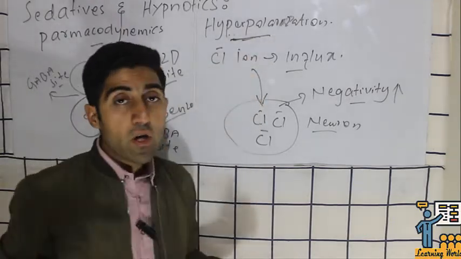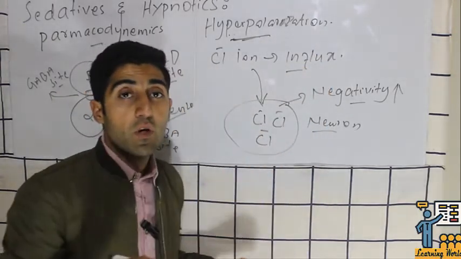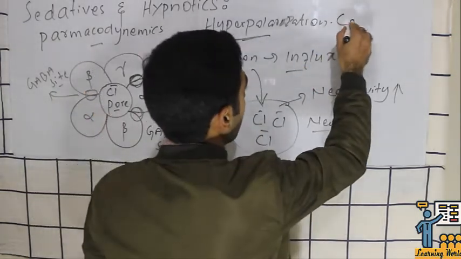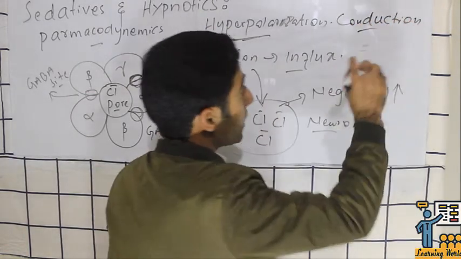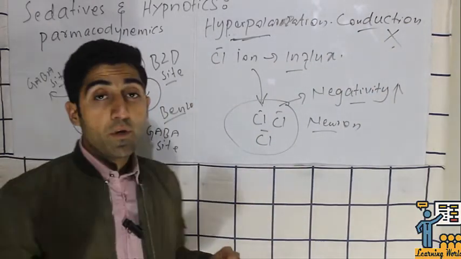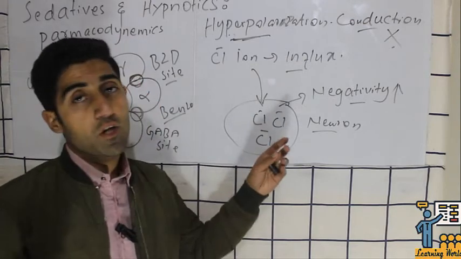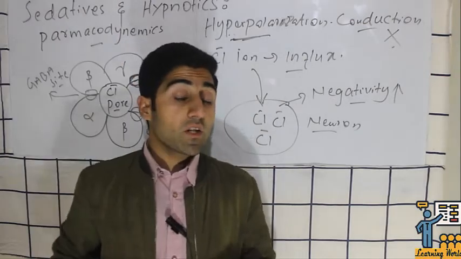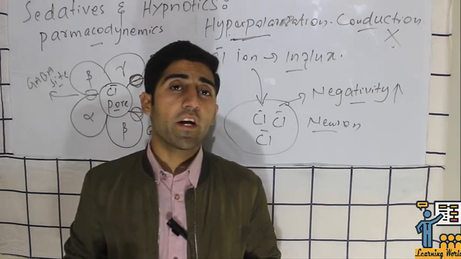In hyperpolarization there will be no conduction inside the neuronal cell, and no transfer of messages or impulses from one neuron to another neuron. So these sedative and hypnotic drugs will cause hypnosis, sedation and anesthesia.